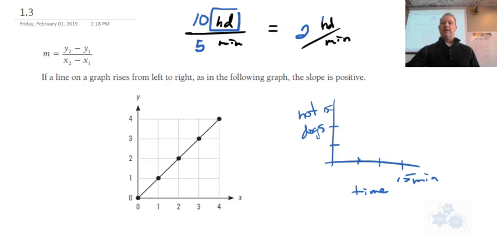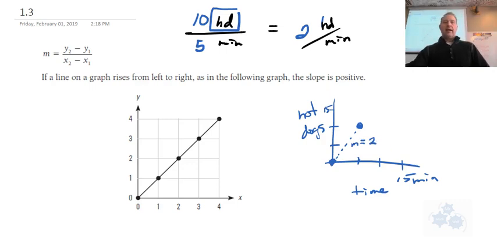So in 5 minutes, you guys do 10 hot dogs, so that would be the point right there. What is the rate of change here between 0 and this point? Well, it's a rise of 10, and it's a run of 5. So this slope is also the rate of change, and the slope is 2.